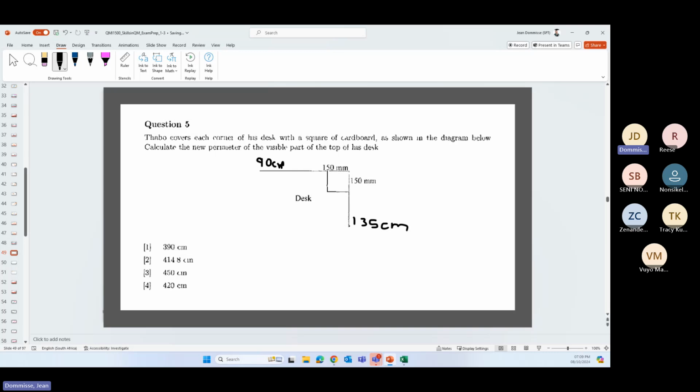Okay, and then let's say that is the rest of the desk. So that is also 135 and that is 90 centimeters. Tabo covers each corner of his desk with a square of cardboard as shown below. Calculate the new perimeter of the visual part of the top of his desk.